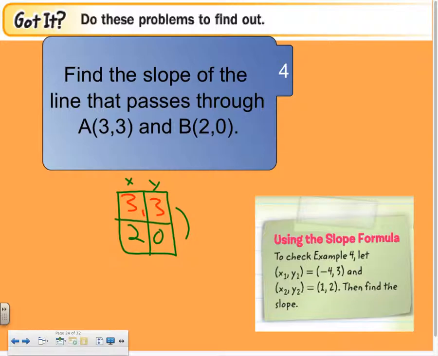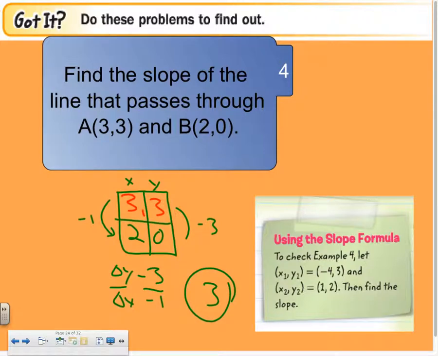From 3 down to 0 is -3. From 3 down to 2 is -1. So the change in y is -3, and the change in x is -1. -3 over -1 is the same as 3. So in a matter of seconds, I've discovered what my slope is.